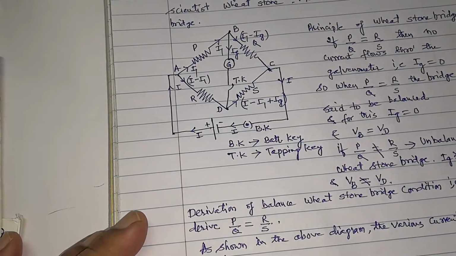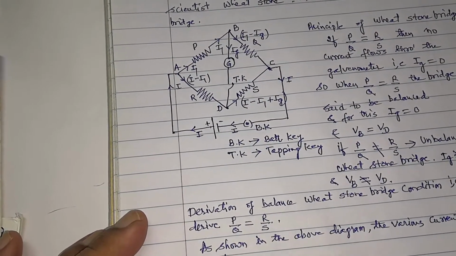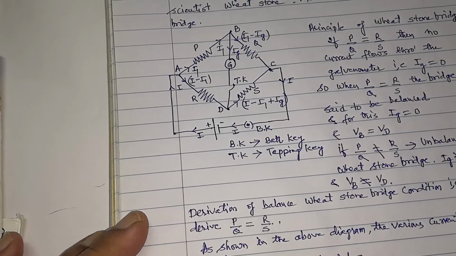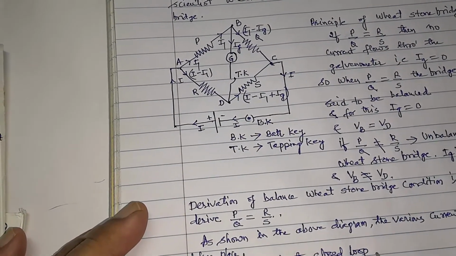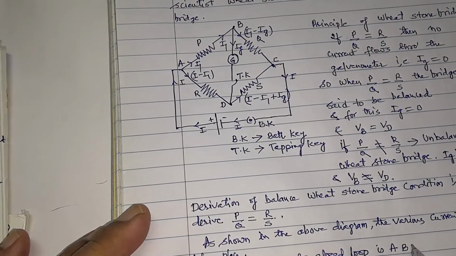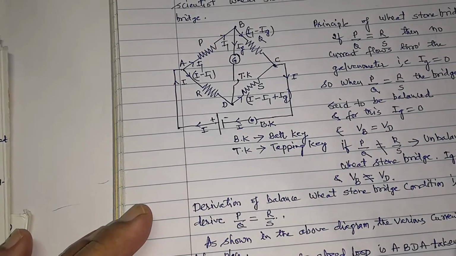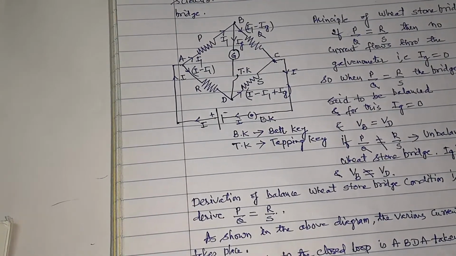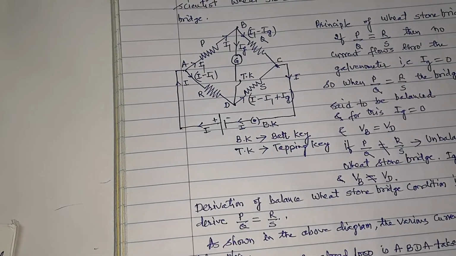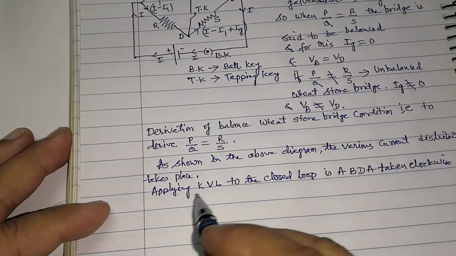Kirchhoff's voltage law to the closed loop. The closed loop is A, B, D, A, which we have taken as clockwise.